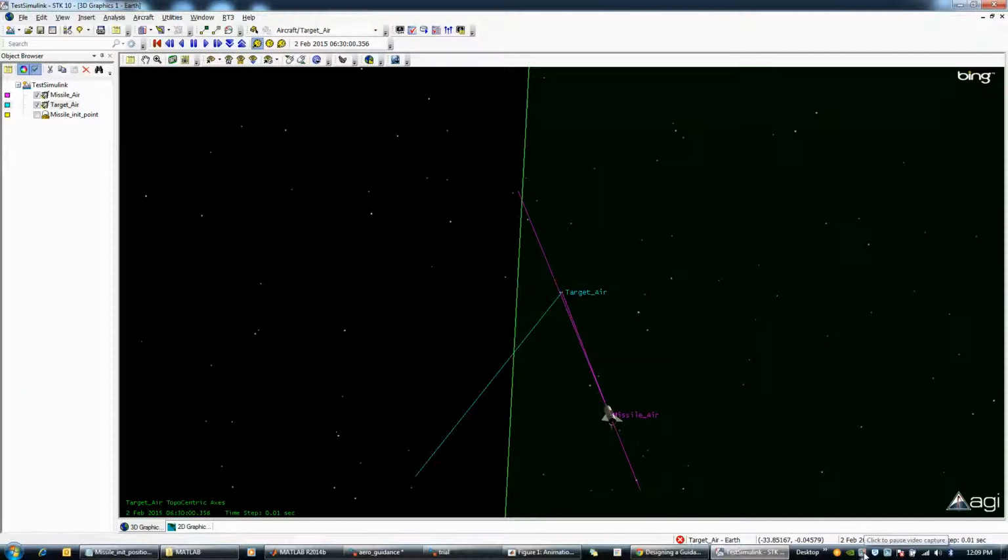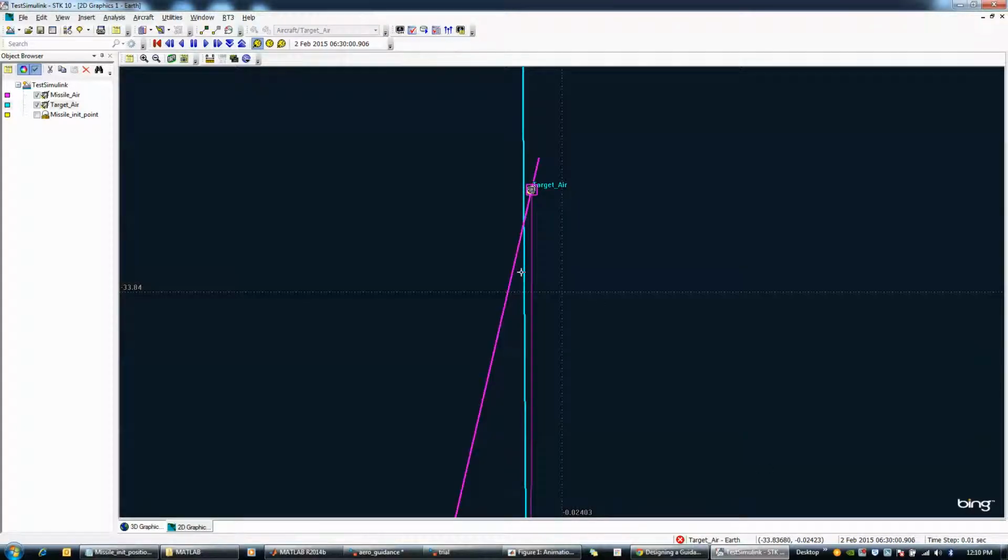Because it takes some time to reach the target, I'll just pause my video for some time so that it reaches. So if you look at it now, the blue line is the direction of the missile, and it is targeting the target aircraft in such a way that it goes and hits there.